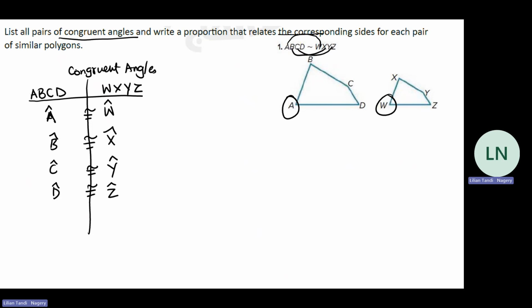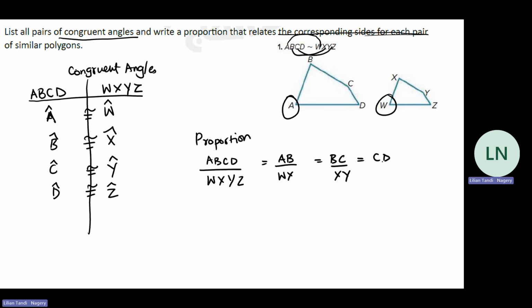Then we need to write proportion. So we're going to write our proportion using the sides. So here we will do A, B, C, D over W, X, Y, Z. Okay. AB over WX, BC over XY, CD over YZ.